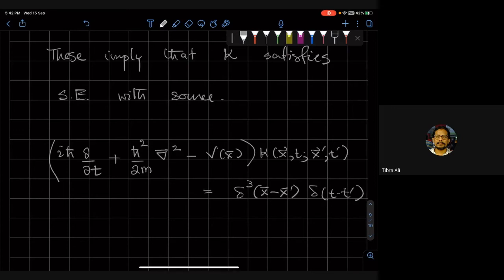Okay. So there are different ways of showing that this is true, but what we shall do is show that this is true by solving this equation explicitly, okay?